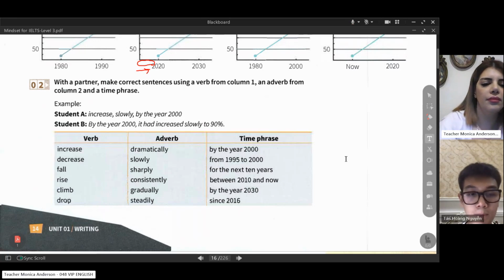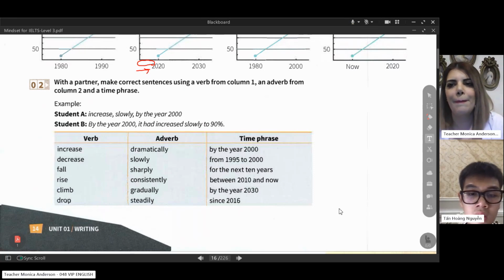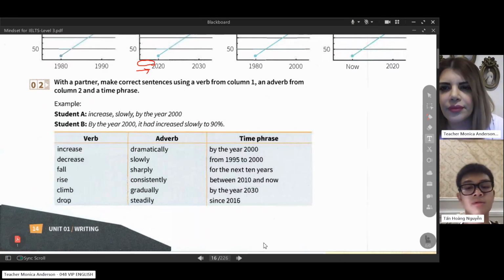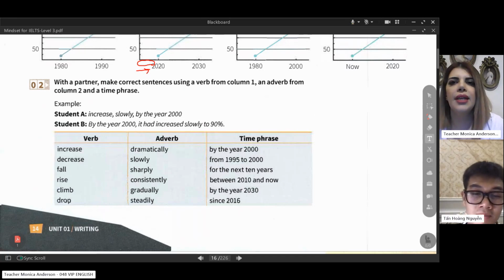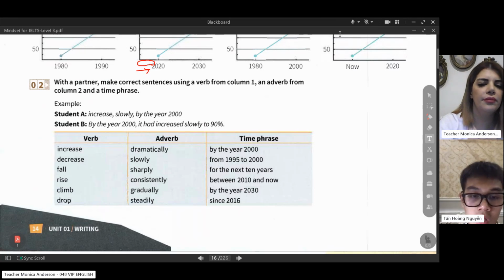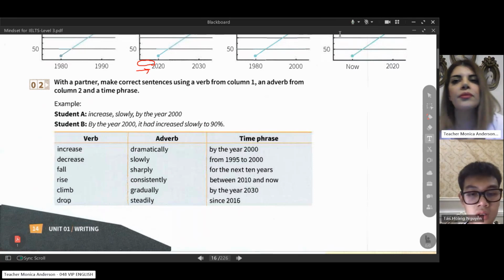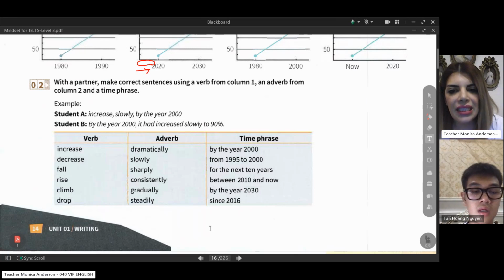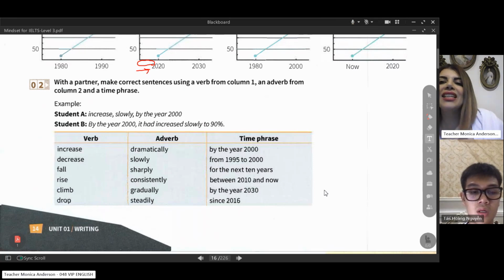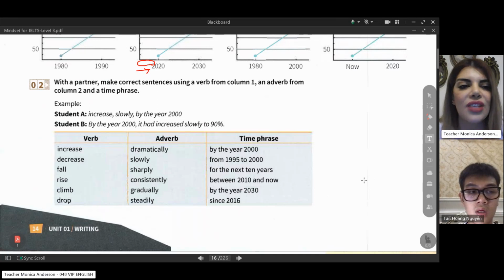I think by the year 2000, it had increased dramatically. Dramatically. Okay, good. But you said it had, or it decreased, which one?